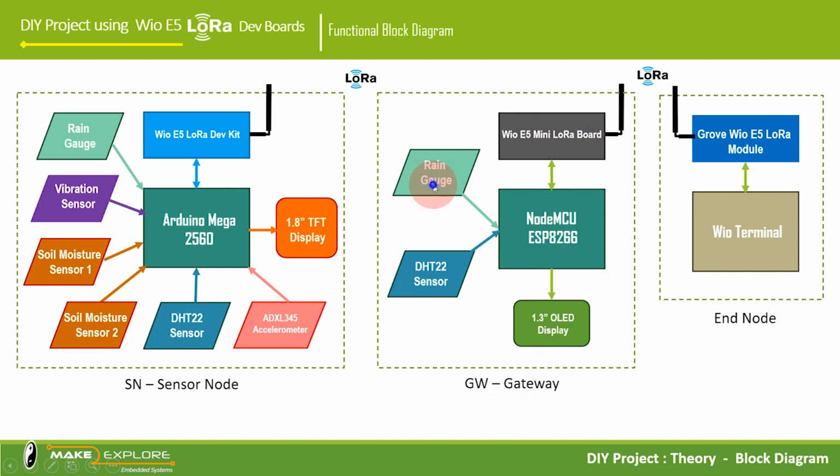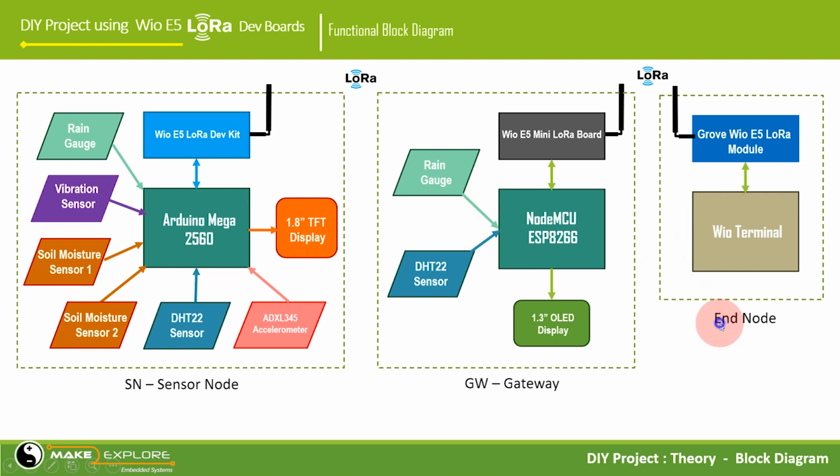Here also there are 2 sensing elements connected, a rain gauge and a DHT22 sensor. An OLED display is used to display the sensor readings, LoRa signal strength and status of the sensor node. The gateway node receives data coming from the sensor node and relays it to the end node via LoRa. At the end node, we have used a Wio Terminal interfaced with a Wio-E5 LoRa module to receive the data coming from the gateway node.